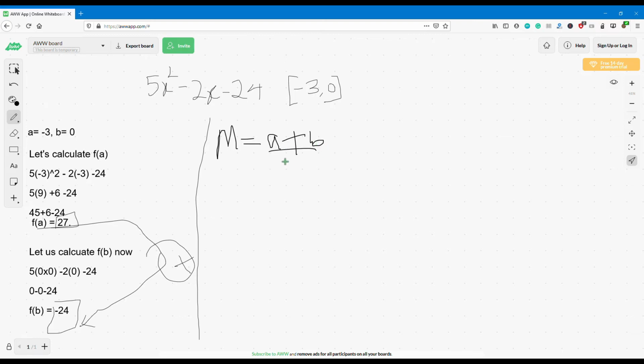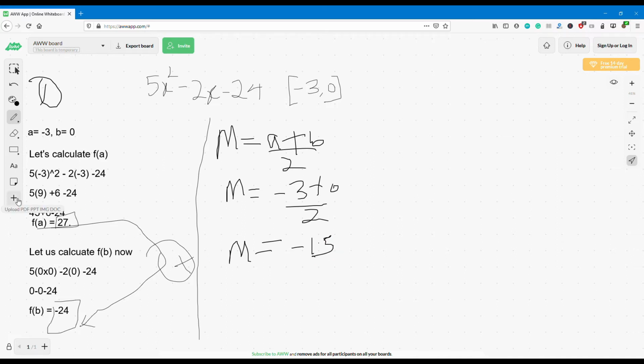This is the first iteration, so I call it iteration 1. a here is -3, b is 0, so -3 plus 0 over 2. So m is equal to -1.5. The next thing we need to do is to find fm.